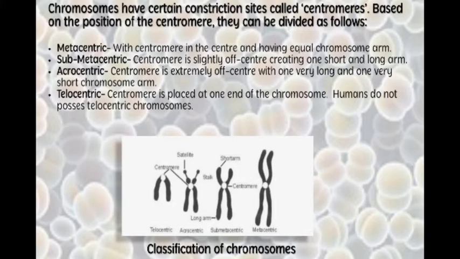In submetacentric, the centromere is slightly off-center, creating one short and one long arm. In acrocentric, the centromere is extremely off-center with one very long and one very short chromosome arm. And for telocentric, the centromere is placed at one end of the chromosome. Humans do not possess telocentric chromosomes.